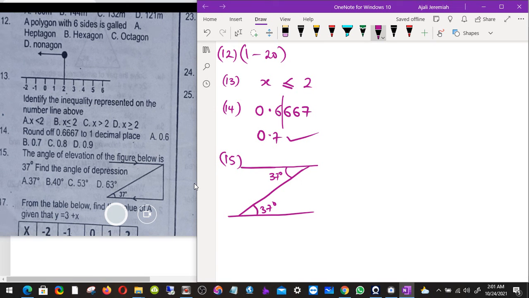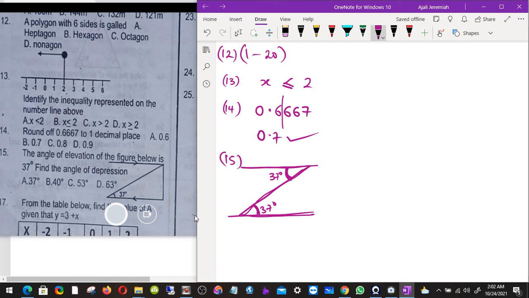You can see the Z. For alternate angles, look out for the Z. So this is equal to this. So this is angle of elevation, lifting up the eyes to see up, and this is angle of depression, depressing the eyes to see down. So angle of elevation is equal to angle of depression. So it means angle of depression is 37 degrees.